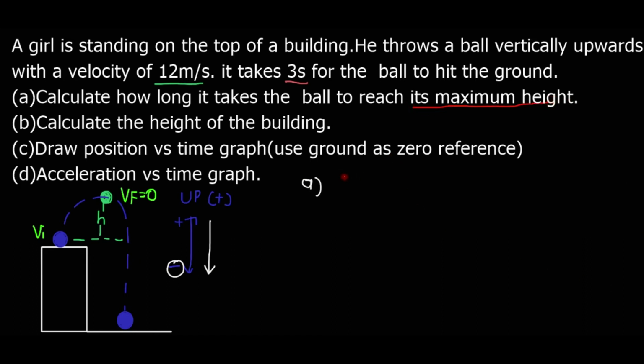We will use this formula. We have the final velocity of this object at the maximum height, which will be 0. And then we have the initial velocity at 12. It's positive because this object goes upward in the positive direction.